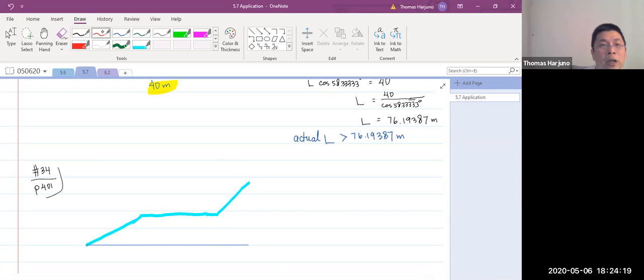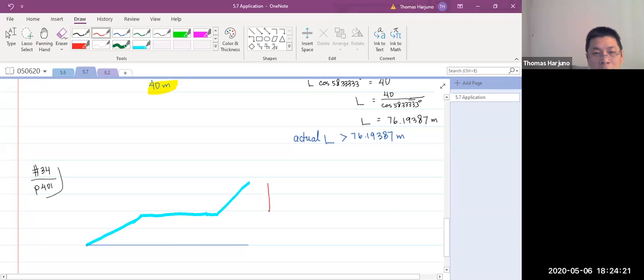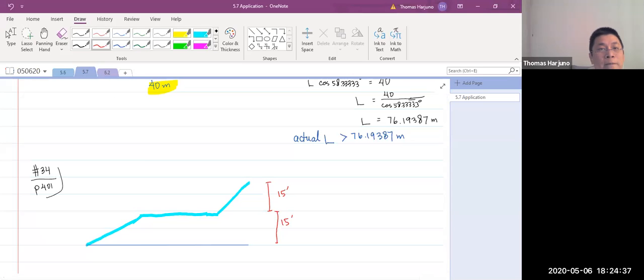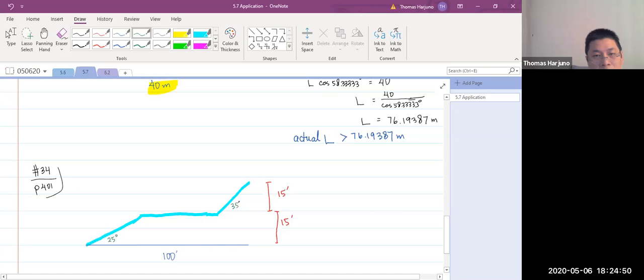Okay, then the distance here is 15 feet. The distance here is also 15 feet, while the length here is 100 feet. The angles are 25 degrees here and 35 degrees here.